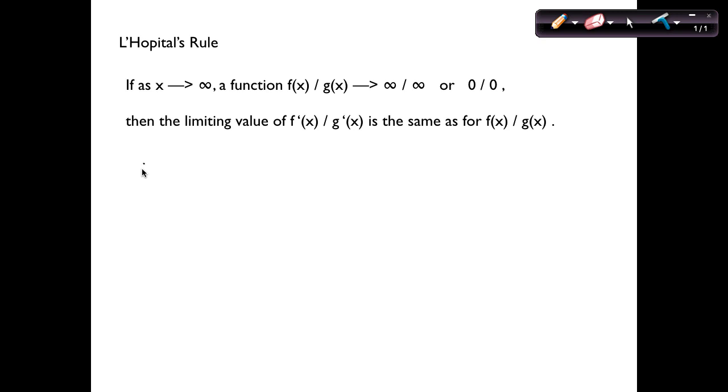So if I have a sequence, 3i plus 1 over e to the i, I can look at the corresponding function, h of x equals 3x plus 1 over e to the x.